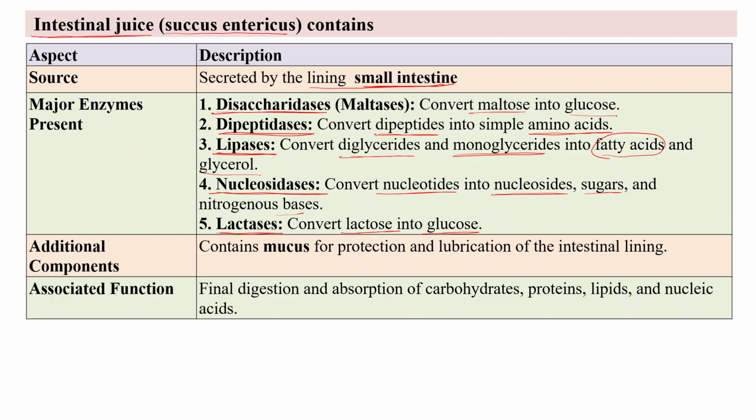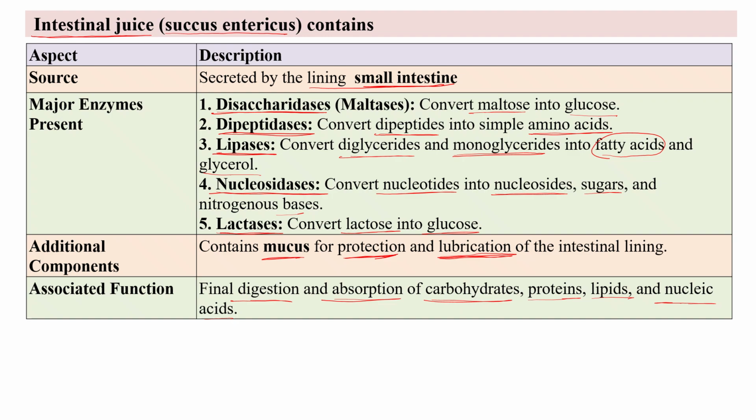Now the additional component in the intestinal juice is mucus, which provides protection to this intestinal lining, and lubrication so that the movement can be easy. And the final digestion and absorption of carbohydrates, proteins, lipids, nucleic acid takes place at this stage.